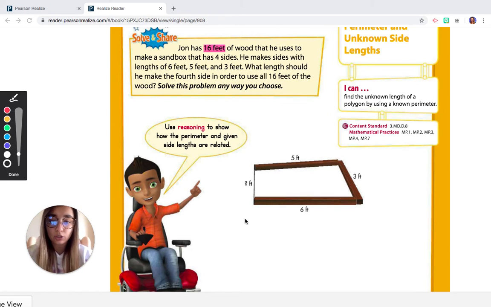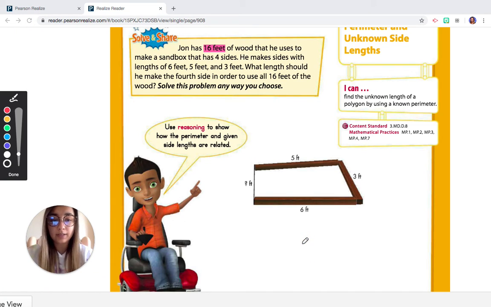All I'm going to do is subtract the 14 that I got from my full perimeter, which is 16, to find my question mark. So 16 minus 14 equals 2. So my question mark side equals 2 feet.